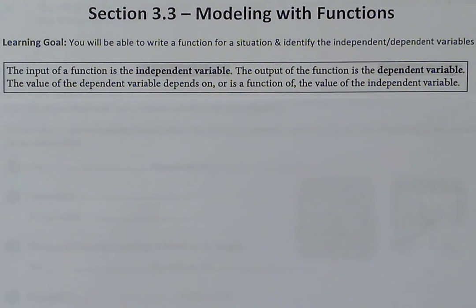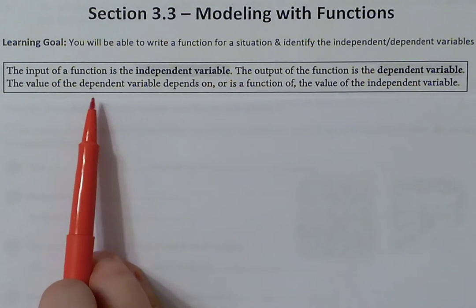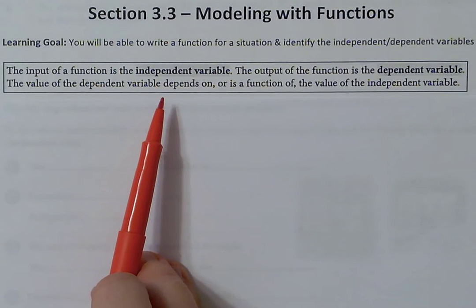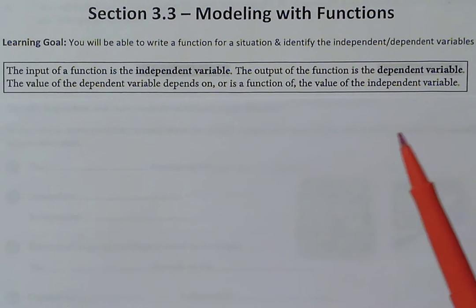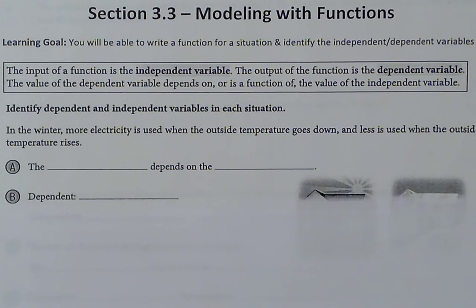There's going to be a variable or an amount that does not get changed or does not depend on the other, and that would be independent. It's not affected by the other variable. The dependent variable depends on, or is affected or changed by, whatever the independent variable is. So with that said, we're going to practice identifying independent and dependent for us today.